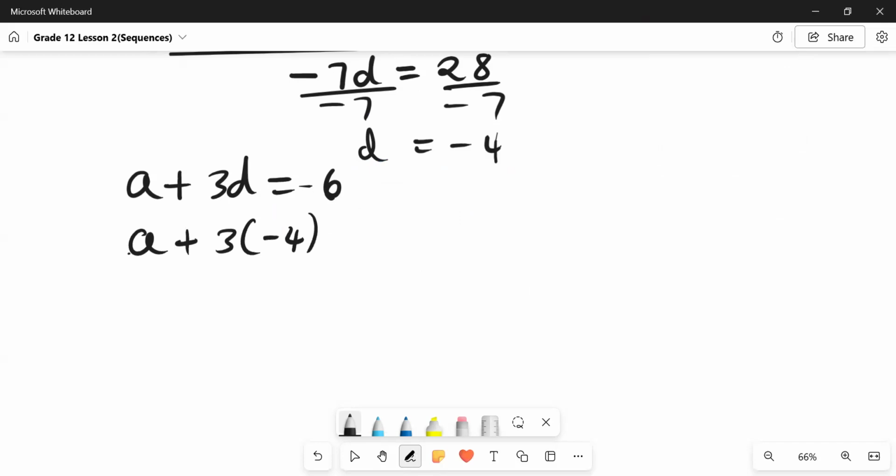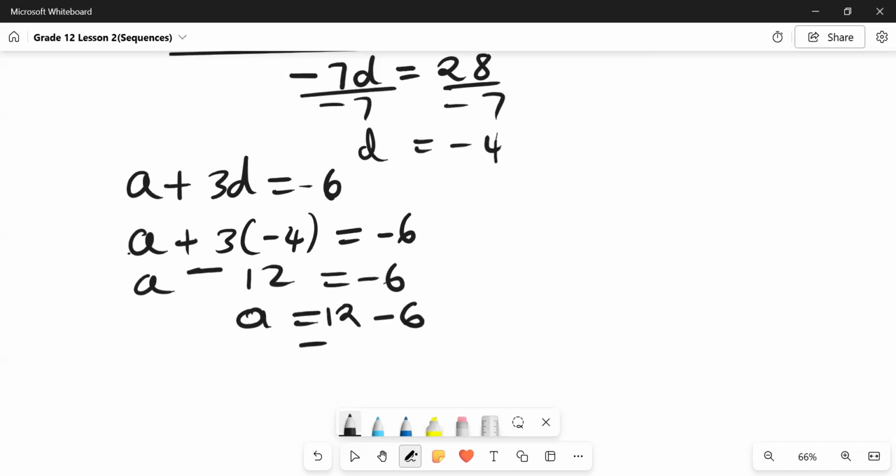In place of D, we substitute negative 4. Now this is A minus 12 equals minus 6. Now transpose minus 12. It changes to positive 12 minus 6, which gives us a positive 6.